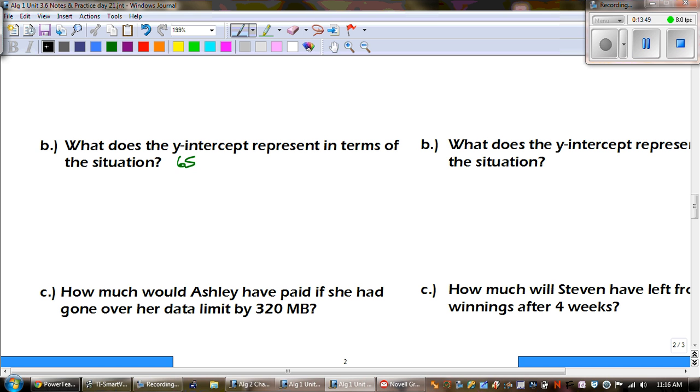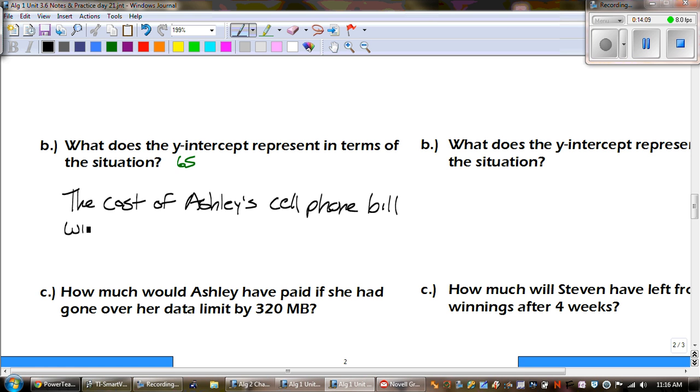What that means is the 65 is the cost of Ashley's cell phone bill, because that's what we're talking about, without going over the data plan. And if you want to write that, it's $65.